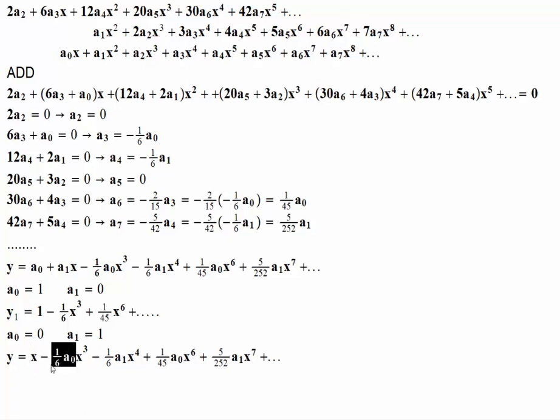Here A0 we took as 0, then A1 is 1, then this term is going to be 0, and A1 is 1 again. So in this manner we got two linearly independent solutions, one is this and the other one is this. So this was the calculation done in a basic way.